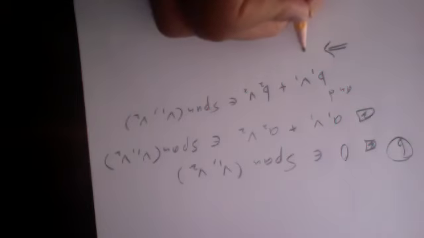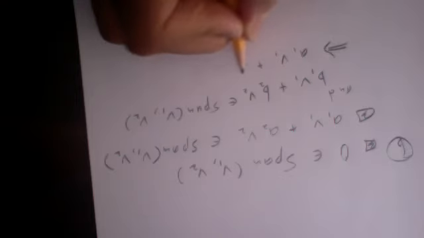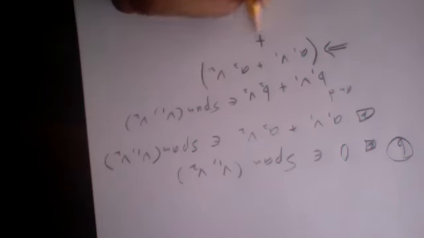You also want to show that the sum of these, A1 V1 plus A2 V2 added to B1 V1 plus B2 V2, would also have to be in the span of V1, V2. That's what you're trying to show.